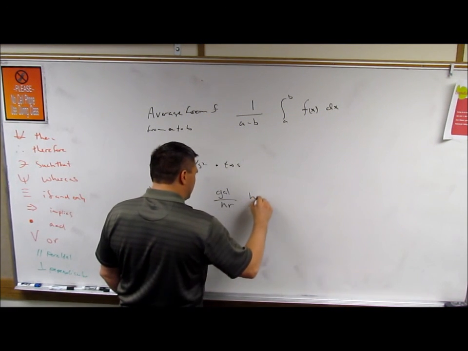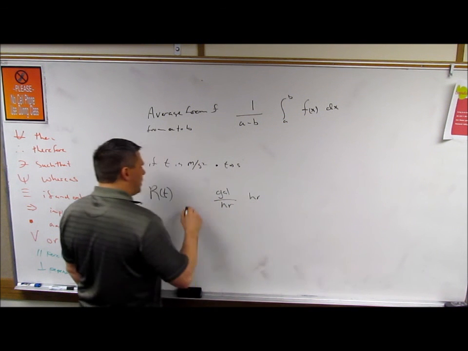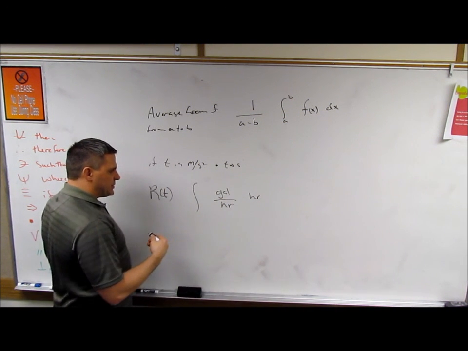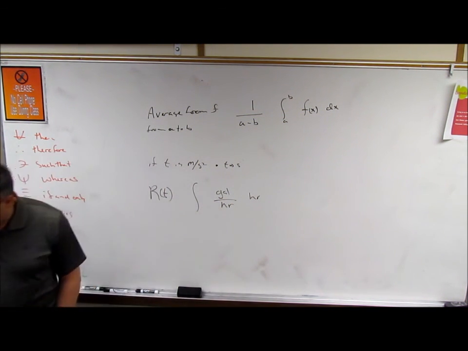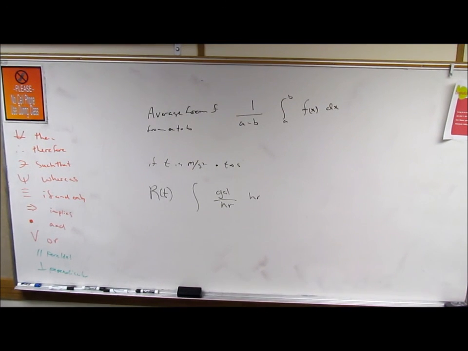Time, hours. So now I know the integral of this goes from what? What's the interval then? Water is leaking out of the tank at a rate of r(t) gallons per hour. The definite integral is the expression of the total amount of water that leaks out in the first 2 hours.